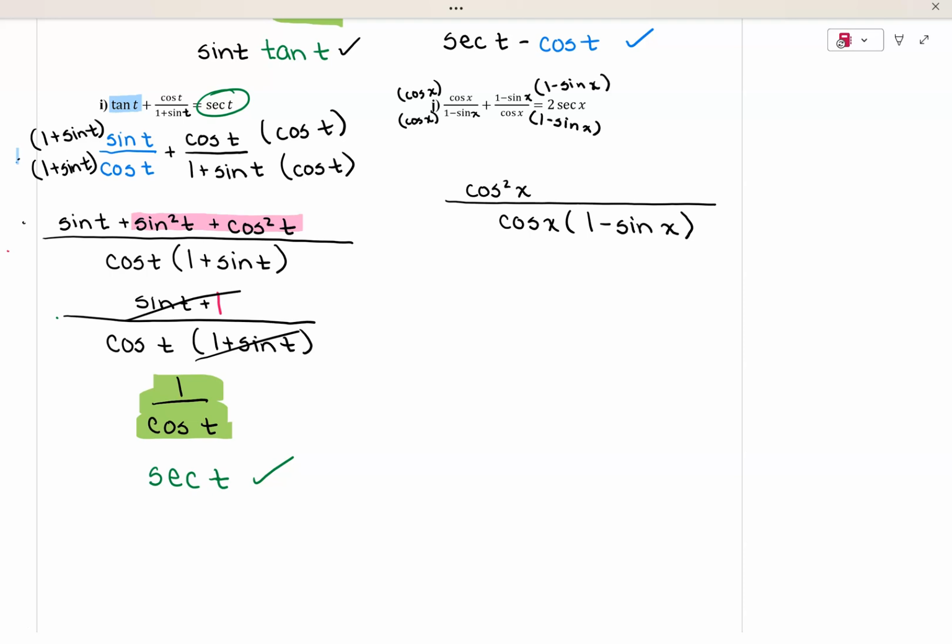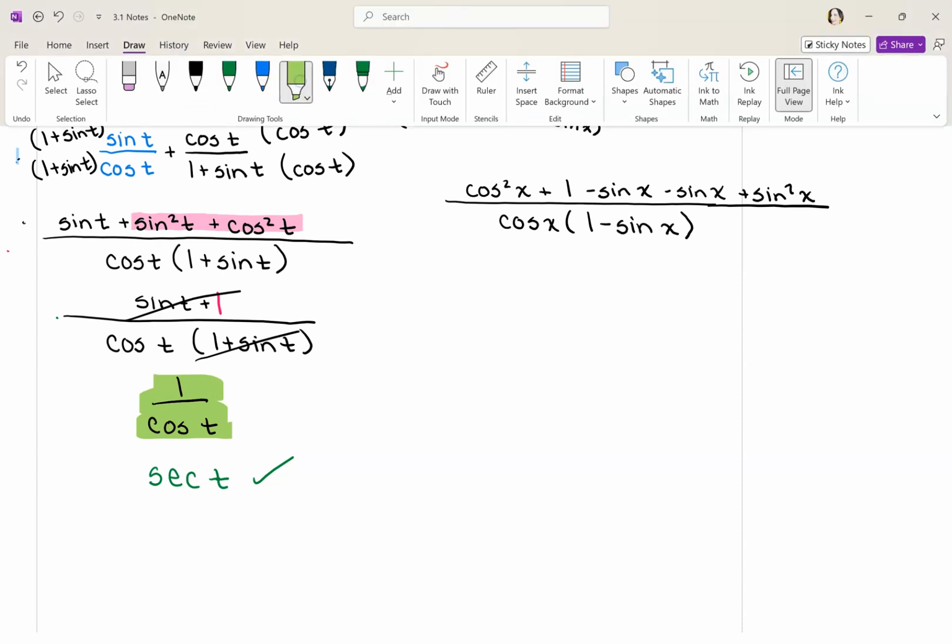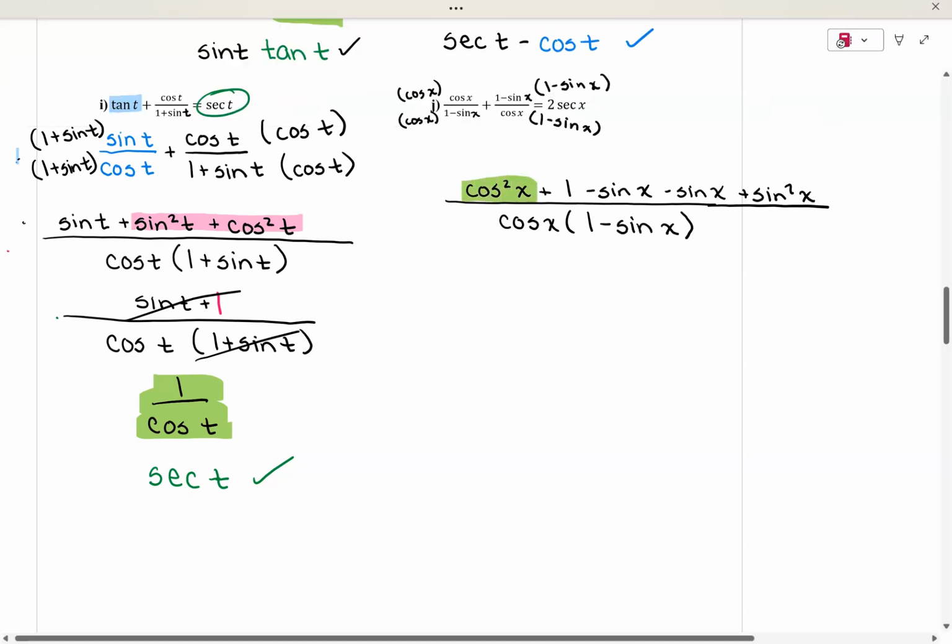Okay, so let's go ahead and FOIL that out. So we have a plus sign, so our signs won't change. So 1 times 1 is 1. 1 times negative sine is negative sine of x. Negative sine of x times 1 is negative sine of x. And negative sine times negative sine makes a sine squared of x. So kind of just like the other one, you should be screaming at me.